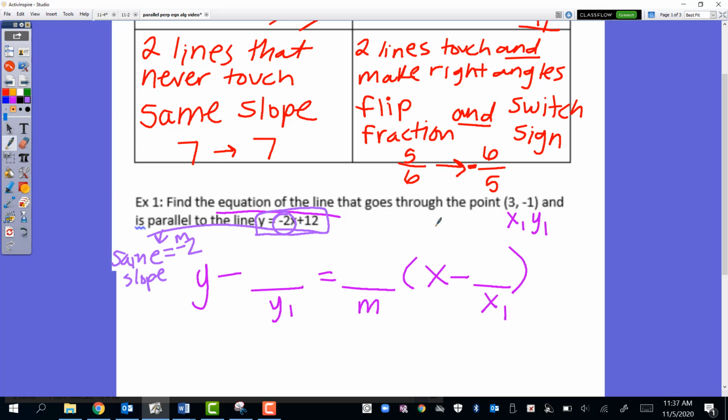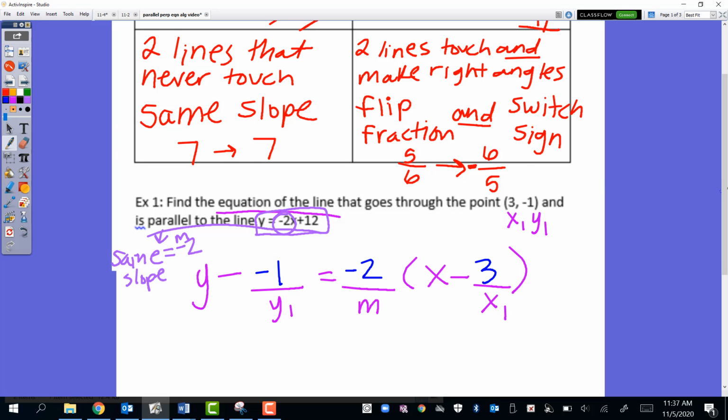So now that I know my x1 and y1 and my slope, I'm going to plug it in. So I'm plugging in y1 we labeled was -1. The slope we just said is the same as this one, so -2. And x1 was 3. Okay. And I'm supposed to be solving for y because I want to know y equals that kind of equation.